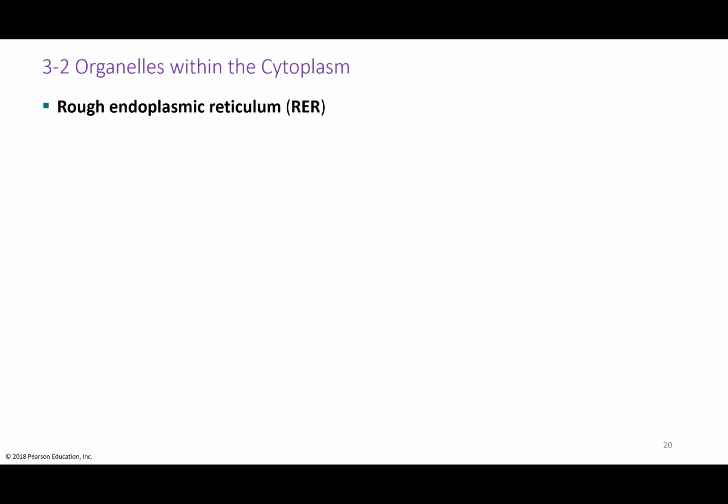Okay, so starting with the rough endoplasmic reticulum, this is covered by ribosomes. It gives it the actual rough appearance when you're looking at it under a microscope. It is active in protein synthesis because ribosomes are directly involved in protein synthesis. You can't have protein synthesis without ribosomes.